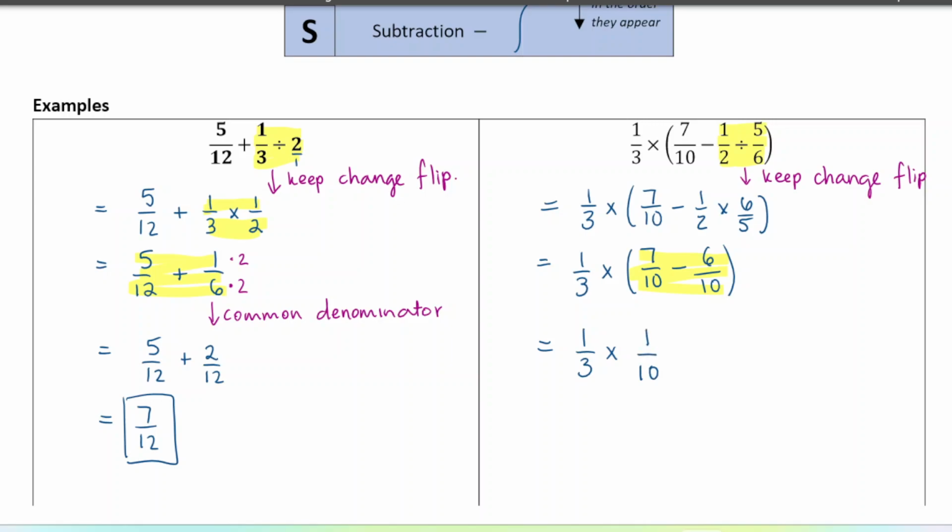Once we've answered all the operations inside the brackets, we don't need them any longer, so we can drop them. The last step is this multiplication here. There's nothing to reduce before we multiply, so I multiply straight across, and we get our final answer, which is 1 over 30.